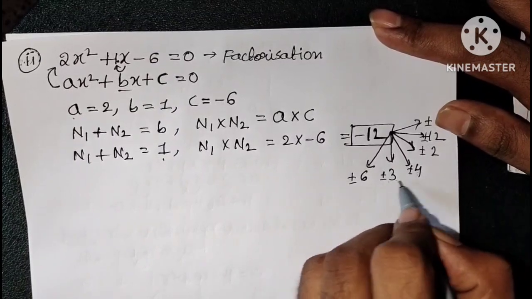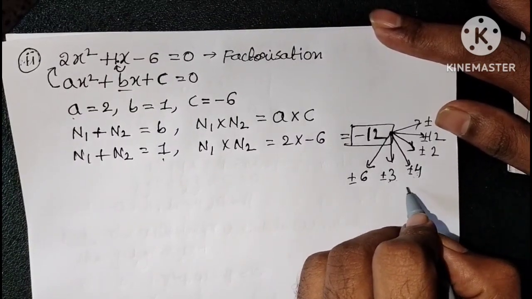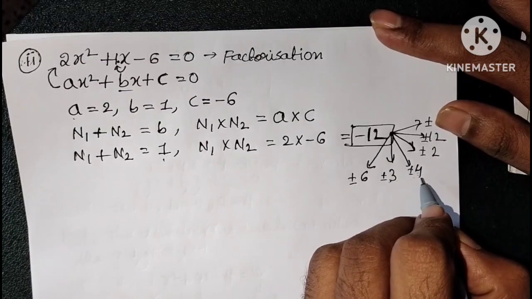If I take 3 and 4, plus 3 and plus 4, 3 into 4 is 12, but we need minus 12.